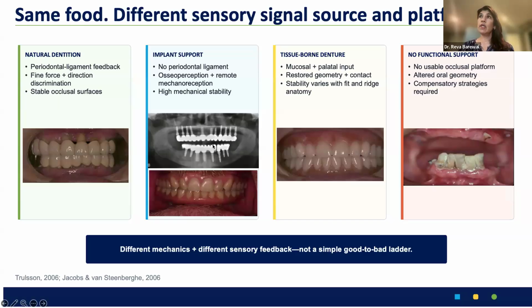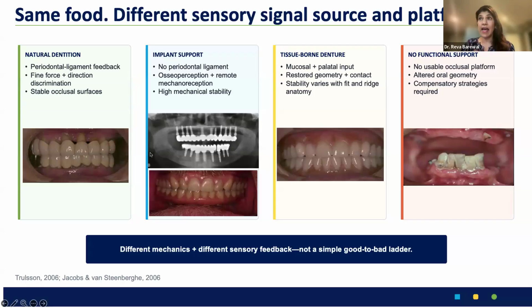What you need to know is that these teeth have ligaments and a ton of mechanoreceptors and proprioceptors built into our tooth system. They help us with orientation when food comes in. How much force am I going to use? And implants restore stability. This thing is rock solid.